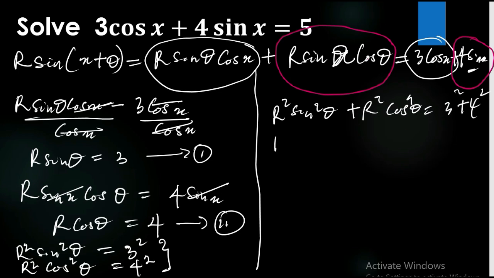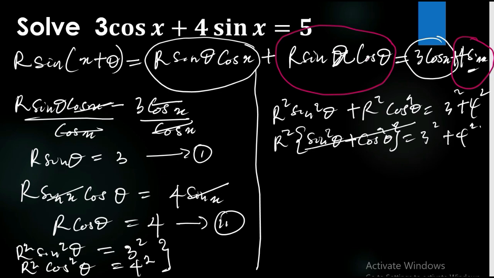So I have r squared into (sine squared theta plus cos squared theta) equal to 3 squared plus 4 squared. Now, obviously, sine squared theta plus cos squared theta is the same thing as 1.